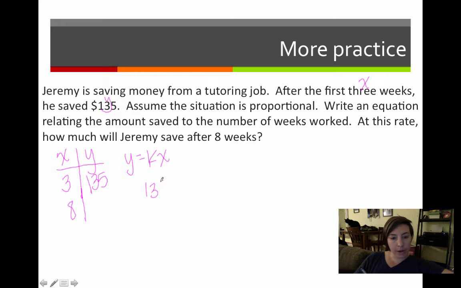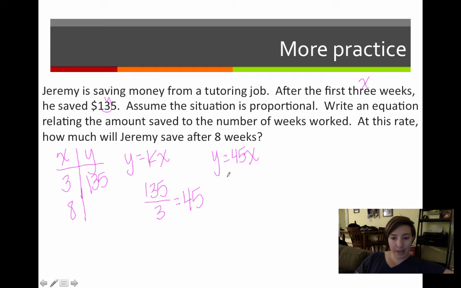All you do is 135 divided by 3, and you can do this on your calculator. You always divide your y by your x. It's 45. So our constant of proportionality is 45. That means y equals 45x.